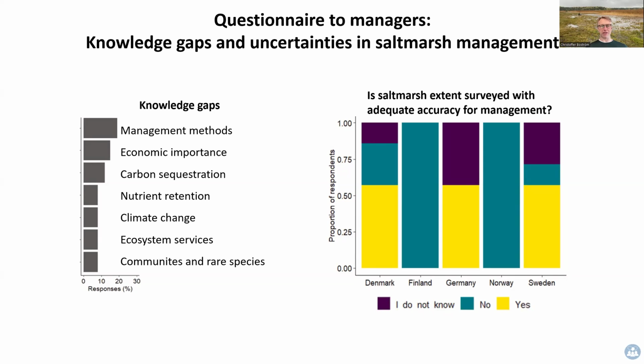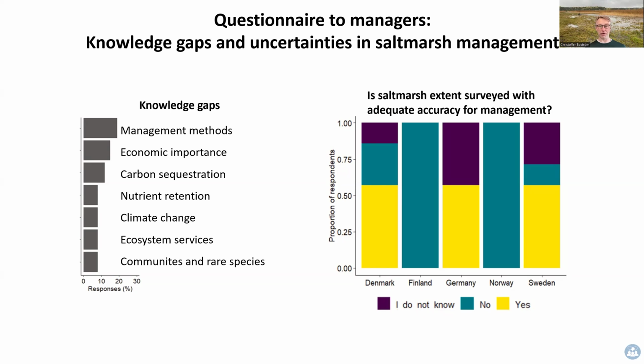How should I manage my marsh? What is the importance of my coastal marsh for carbon sequestration, for example, for nutrients and climate change mitigation and so forth? These are concerns that the managers presently have. And when we ask, is salt marsh extent surveyed with accurate accuracy? The answers are all over the place.